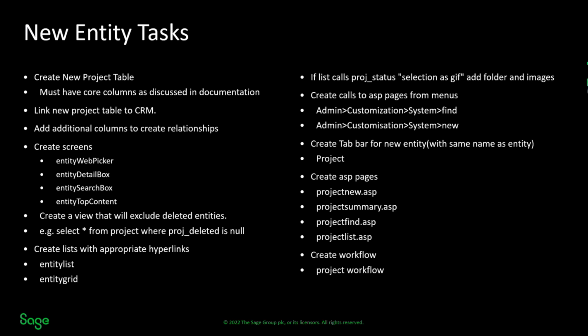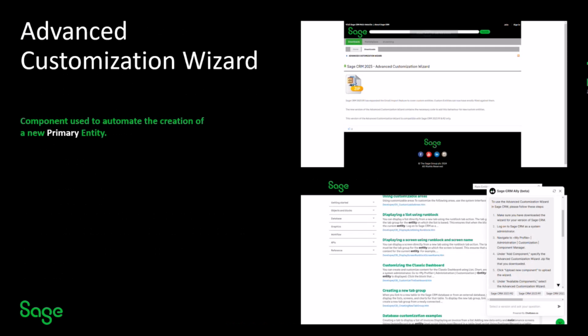There is, of course, going to be an easy answer, because Sage CRM always tries to provide an easy answer. That in this particular context, if it's a brand new primary entity, then you can use the advanced customization wizard to create a new entity that has all of these different elements and has a consistent naming style for all of the objects as well.